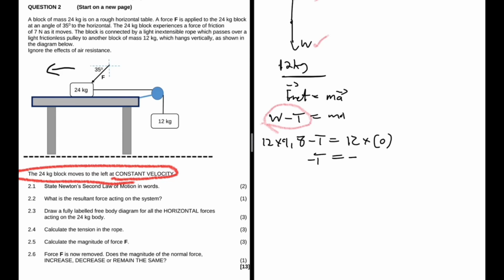let me just put that in my calculator real quick. Don't want to embarrass myself, right? So we have 12 multiplied by 9.8, that is 117.6. So our tension is basically 117.6 newtons.